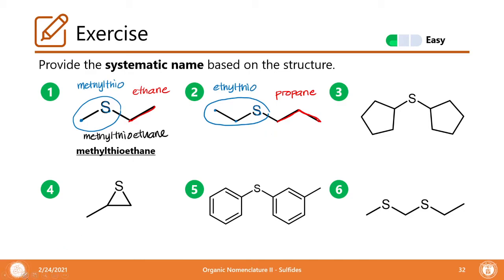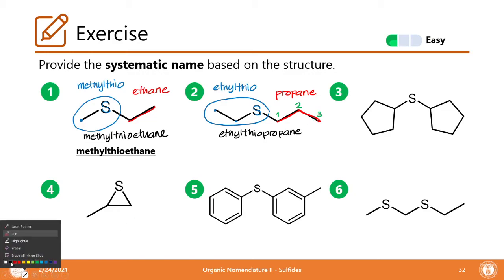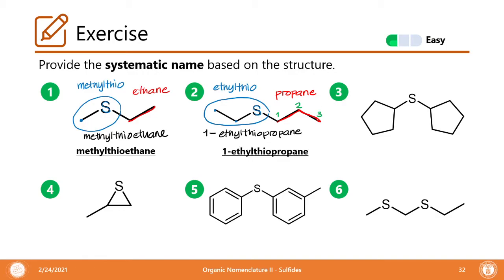So we have ethyl thio propane. Let's not forget, since we have 3 carbons, we have to define the locant numbering. So we have 1, 2, and 3. At position 1 we have the ethyl thio substituent. So 1-ethyl thio propane.